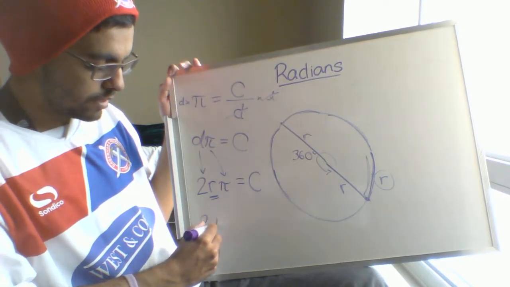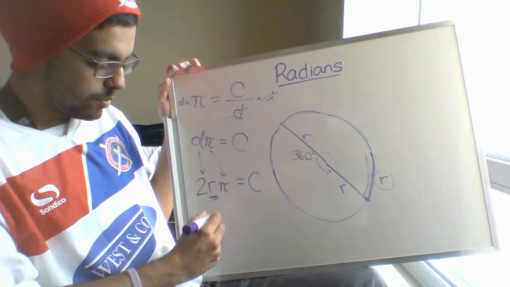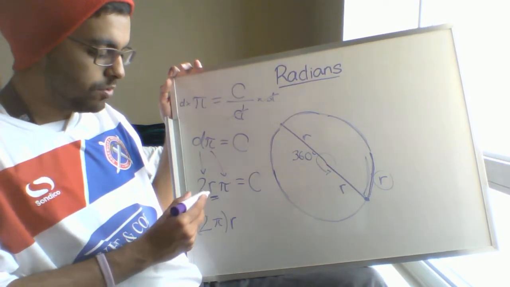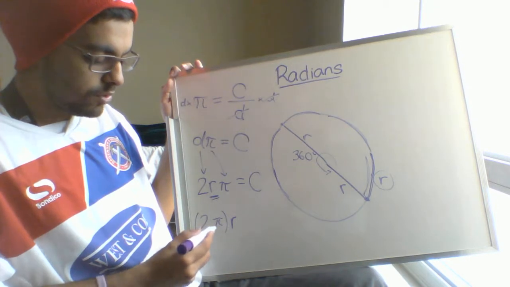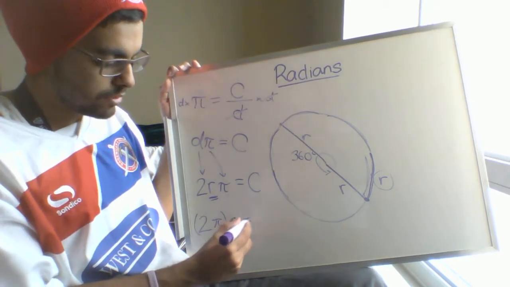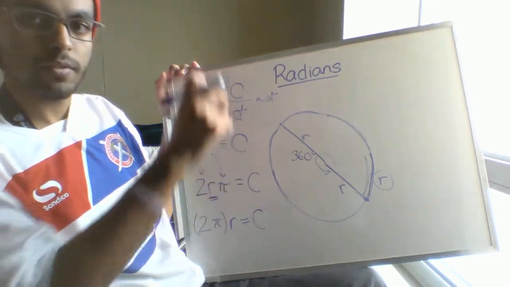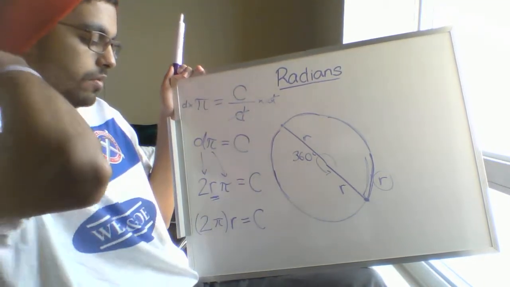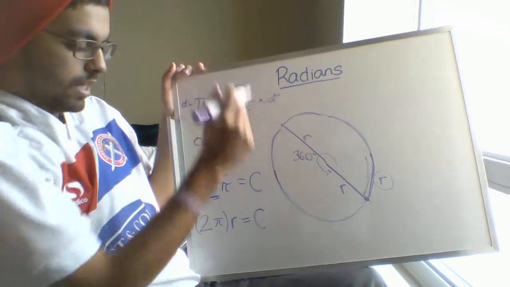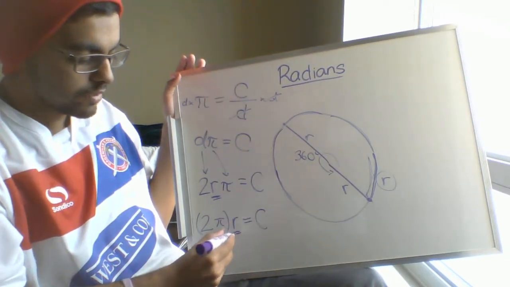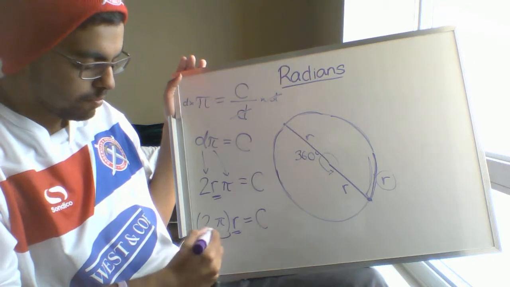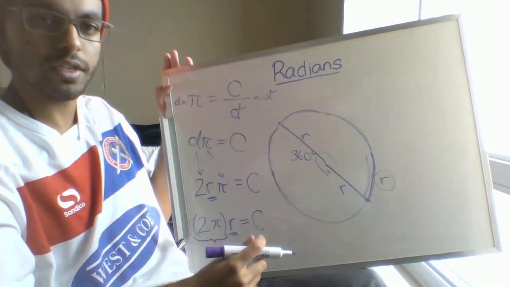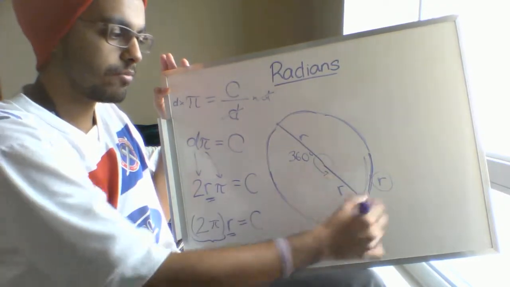If we just rearrange it a little bit, we write 2 pi, put that in brackets, multiplied by r. I haven't changed anything: 2 times r times pi is the same as 2 times pi times r, which is equal to the circumference of the circle, which is really all the information we need. So what this tells us is that the radius of the circle multiplied by 2 pi is going to give us the full 360 degrees, the full circumference.